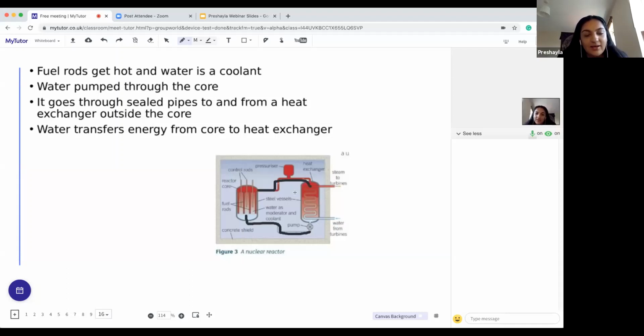The water transfers the energy from the core to the heat exchanger. So it takes all this heat and exchanges it with the heat exchanger. The water coming in heats up and goes into here. That water then cools down, acts as a coolant, and it comes back and the process repeats.